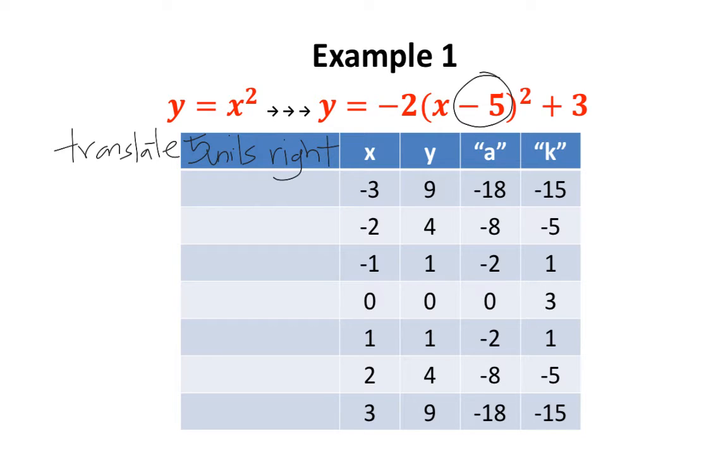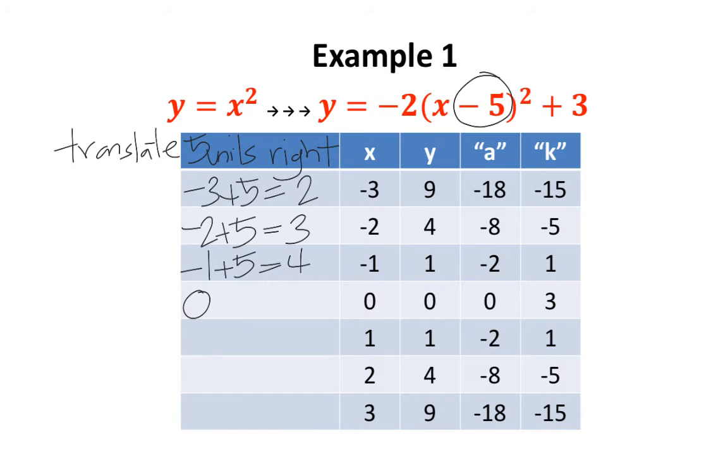When you're moving a parabola left or right, you're changing the values of x. But if you're translating 5 units to the right, all your values of x are going to get more positive. And what I mean by more positive, that means we're going to add 5 to each of our values of x. So let's go ahead and do that. -3 plus 5 is 2. -2 plus 5 is 3. -1 plus 5 is 4. 0 plus 5 is 5. 1 plus 5 is 6. 2 plus 5 is 7.